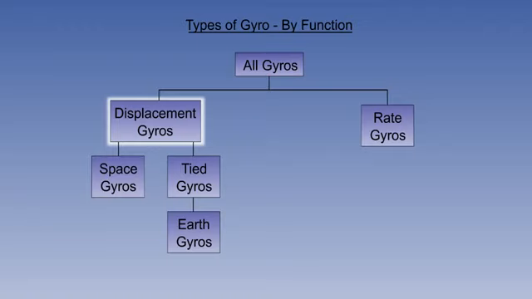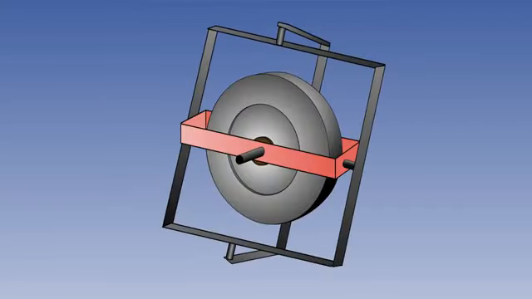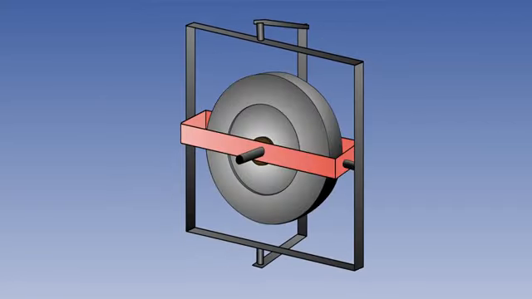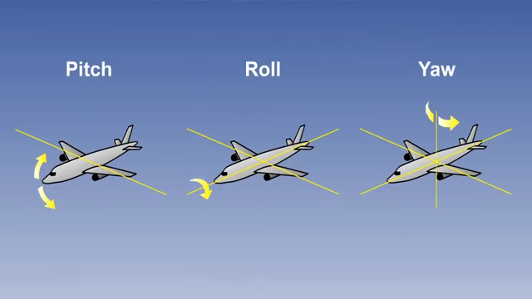To recap, we have seen that displacement gyros can be divided into space gyros and tied gyros. Both of these are 2 degree of freedom or 2 gimbal systems. They therefore allow the aircraft to pitch, roll and yaw without forcing the gyro out of its orientation.